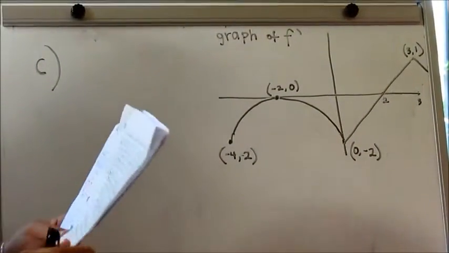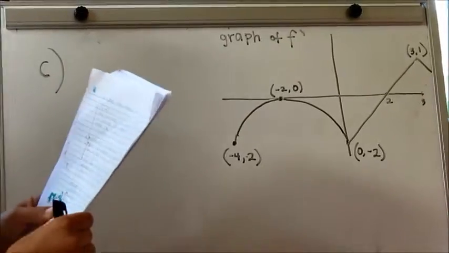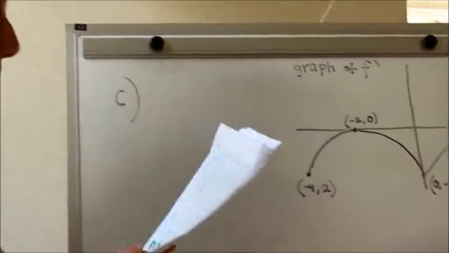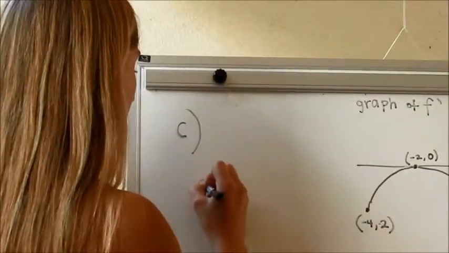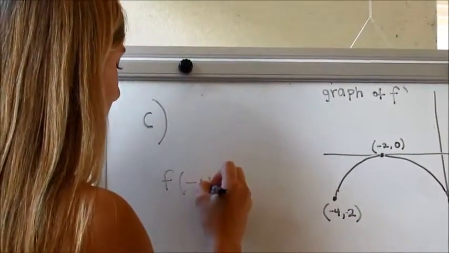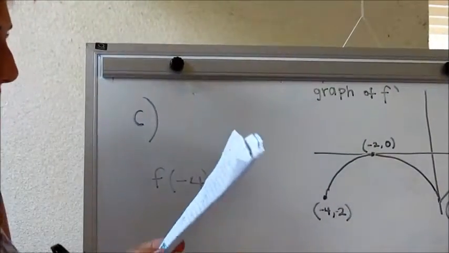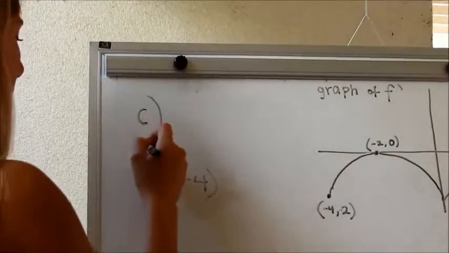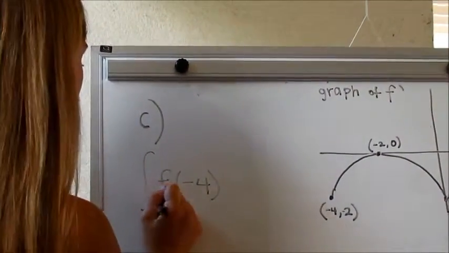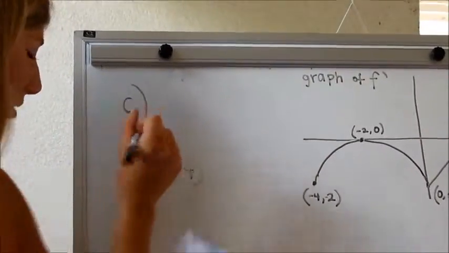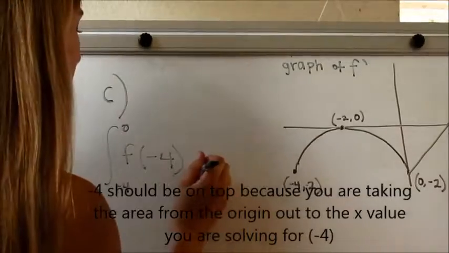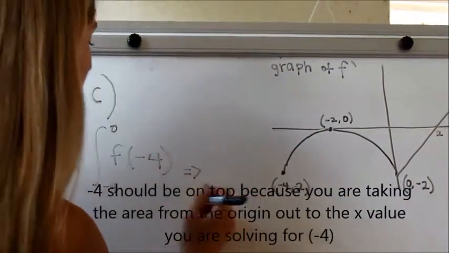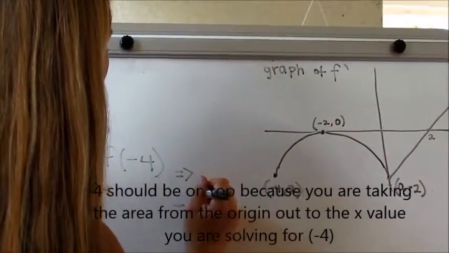Okay, so to find the position of the function, or f, at -4, you take the integral from -4 to 0. And you want the -4 to be on top, so to switch the limits of integration, you make the equation negative.